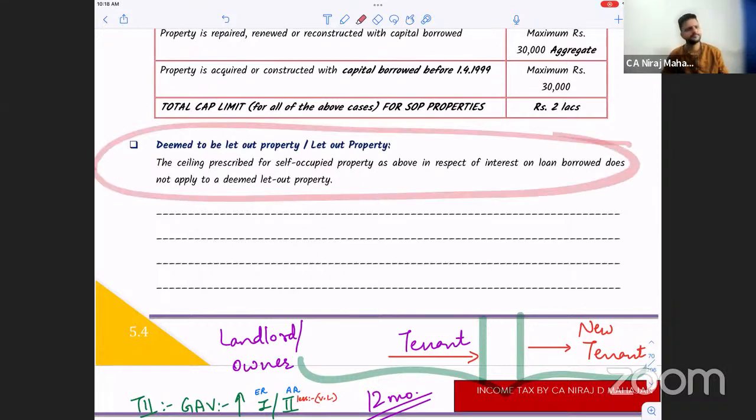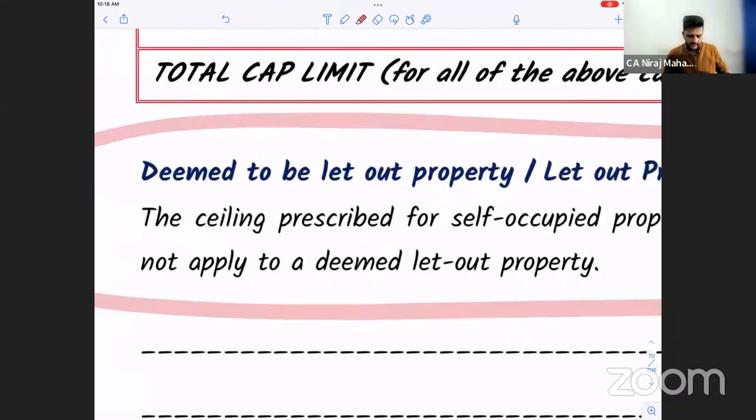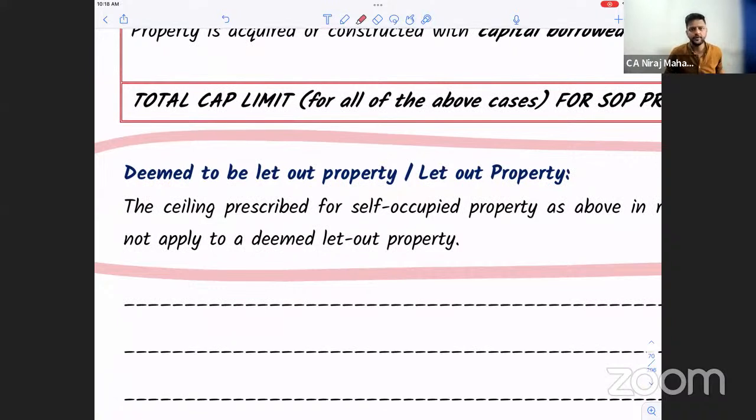If the property is let out actually or deemed to be let out. Clear till here, everybody? Now, is this property earning income or no? Tell me this. Or at least for the income tax department, it is earning income if it is deemed to be let out.